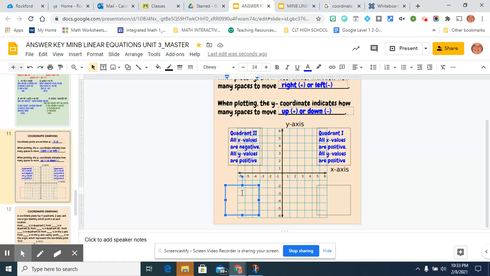So this must be quadrant 3, where all x values are negative and all y values are negative.